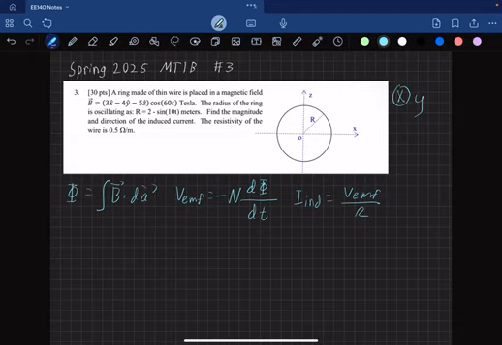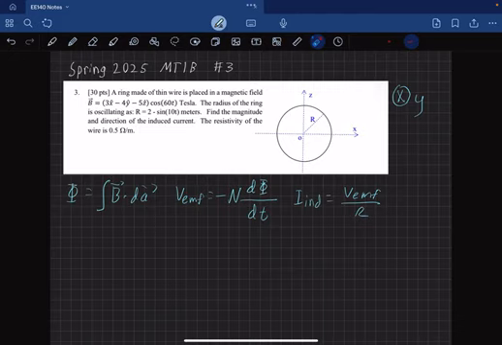Now, our first step into the problem, first we want to find our magnetic flux, which is equal to the integral of B dot dA. So let's identify our B and our A. Our B is given here, and our A is our area. First we want to figure out whether or not we need to do this integral.